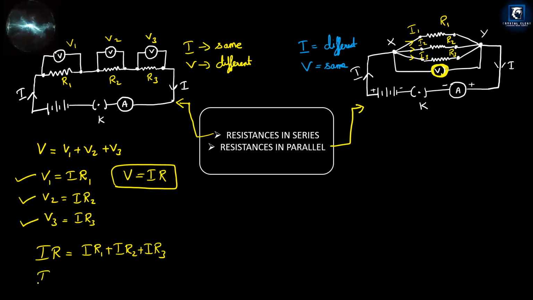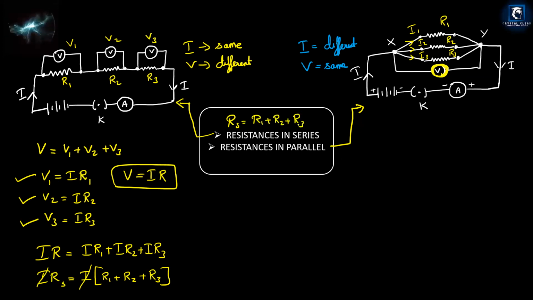Now IR is equal to, I'm going to take I common, I times R1 plus R2 plus R3. Now this I cancels. So resistor in series, RS is equal to R1 plus R2 plus R3.